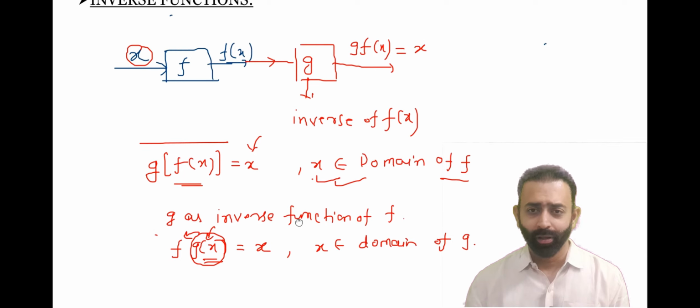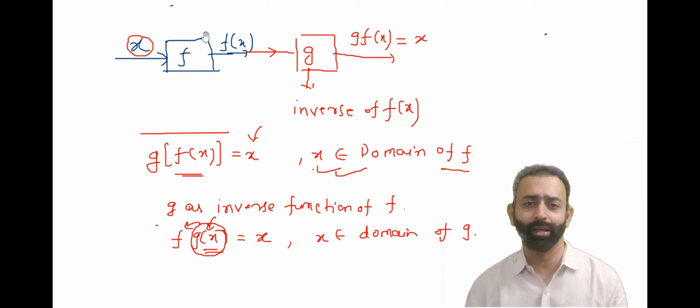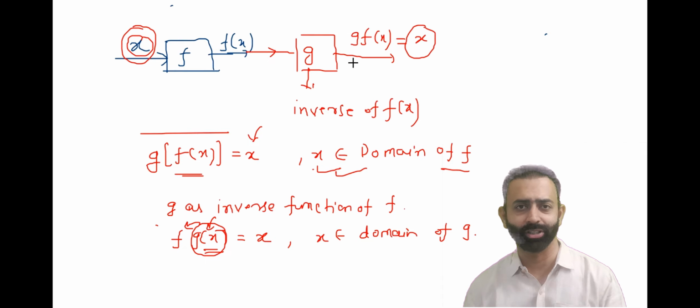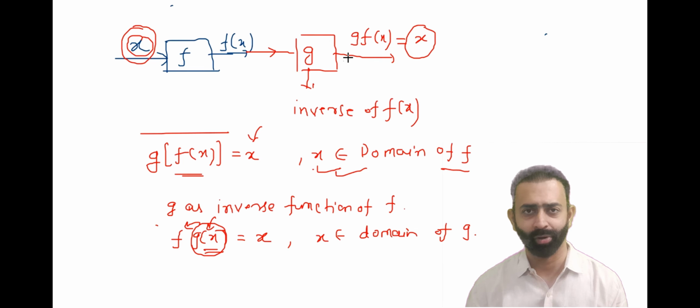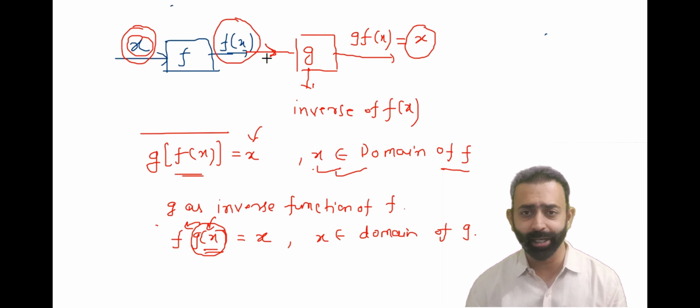Okay, so what you are noticing here is that whatever was the input of the original function f becomes the output of the inverse function g. And whatever was the output of the original function f becomes the input to this inverse function g.